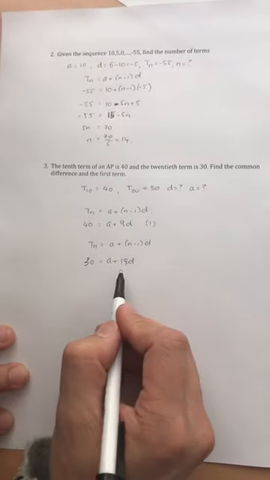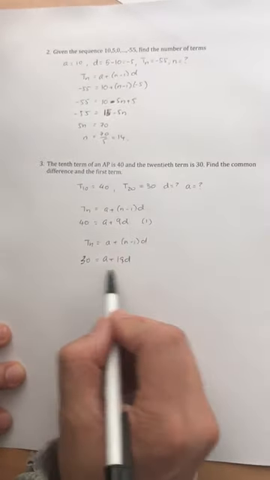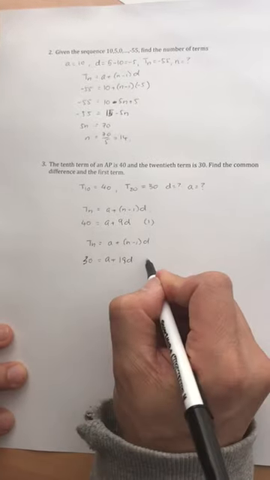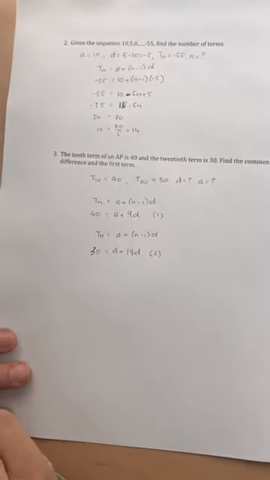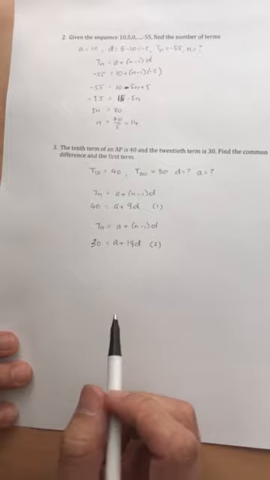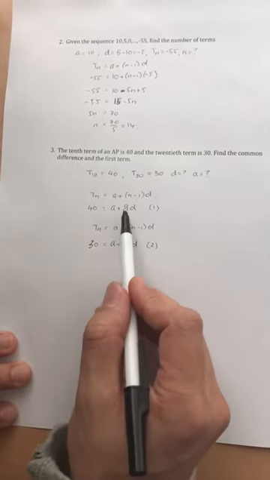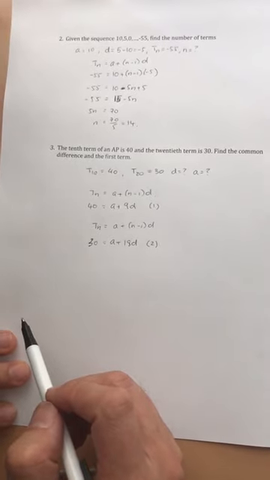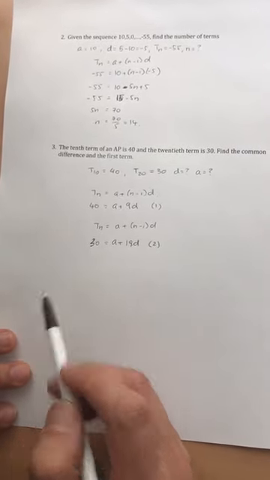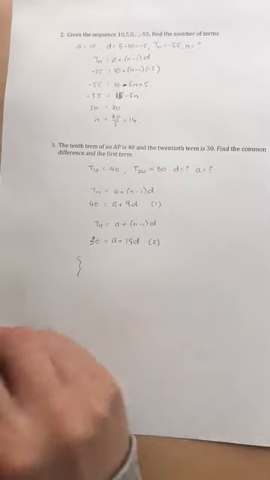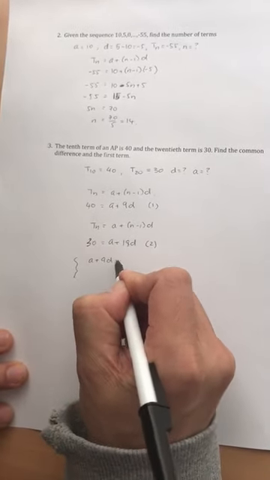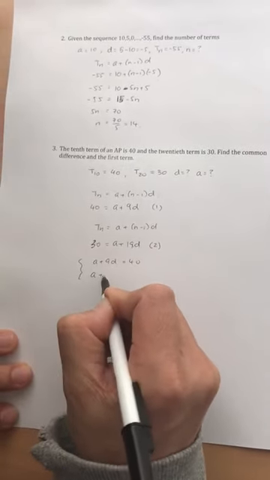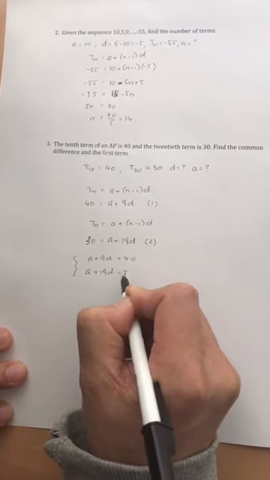So what do we get? By using our second condition, we get another equation in terms of A and D. So we'll call this second equation number 2. So now we have two unknowns, two equations. We can solve these two equations simultaneously to find A and D. Now, solving simultaneously, I have A plus 9D equals 40, A plus 19D equals 30.